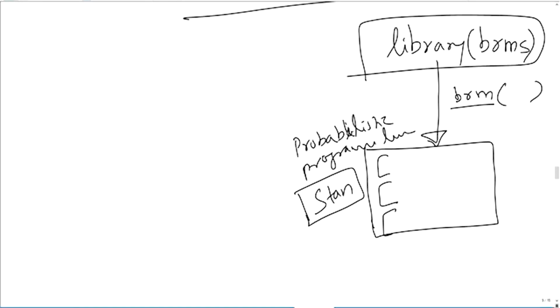You can explore this site, which is called MCSTAN, I think. It contains all the information about the STAN development program.